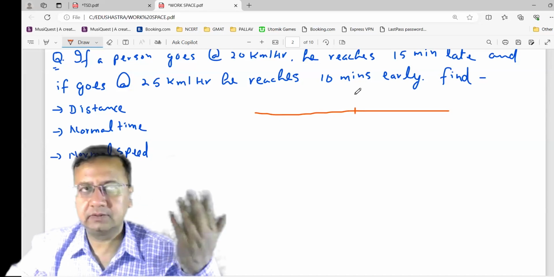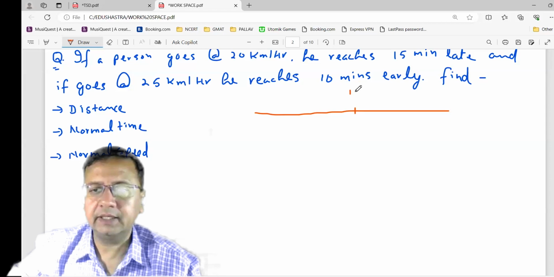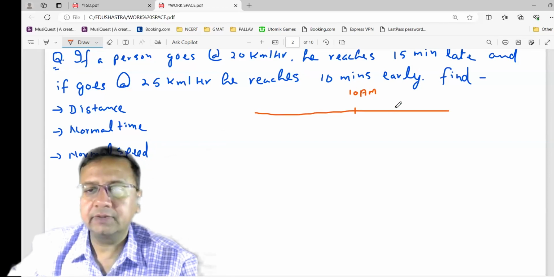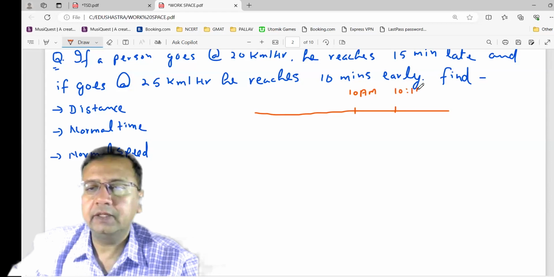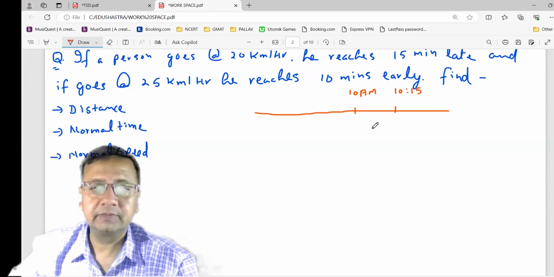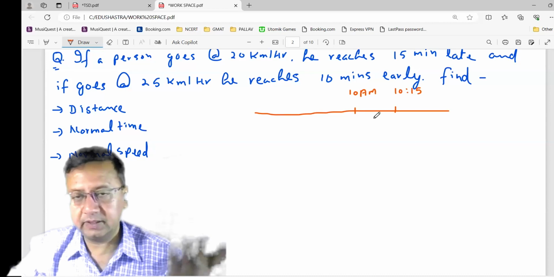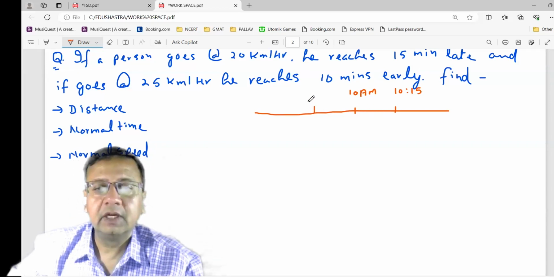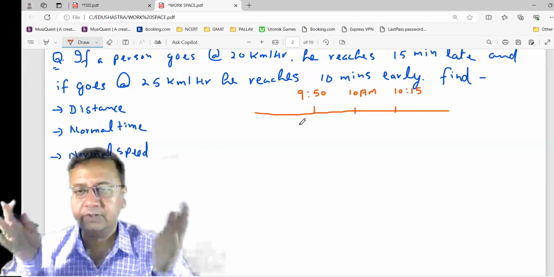Suppose you are reaching office at 10 a.m. One day you are going slow and reaching office at 10:15 a.m., 15 minutes late. The next day you run fast and you're reaching here, at 9:50 a.m. Right, so this is the visualization.